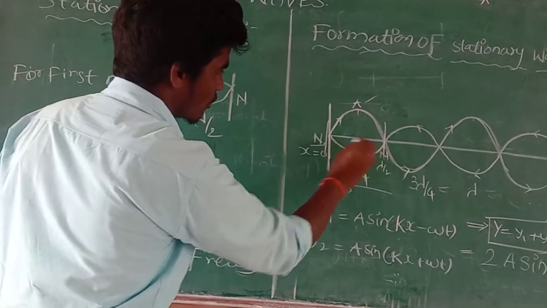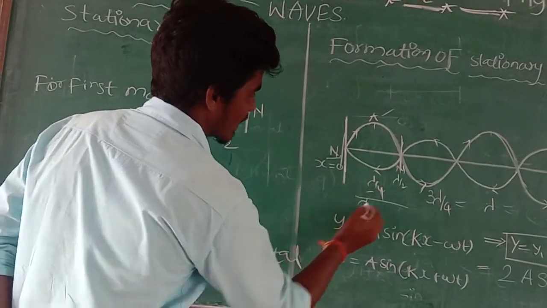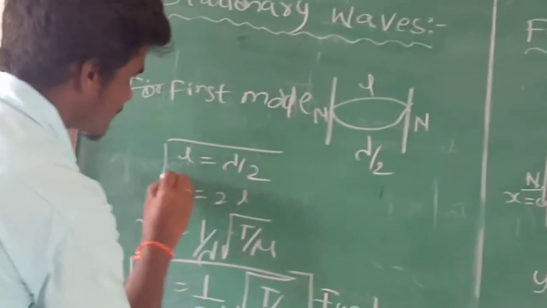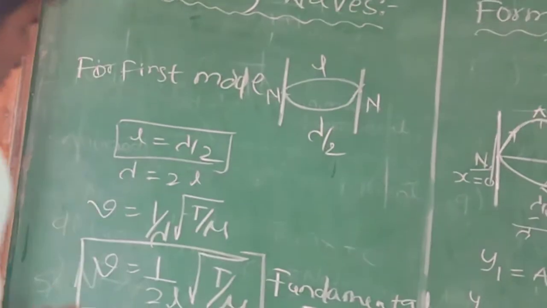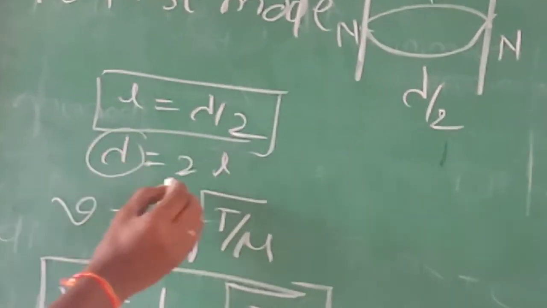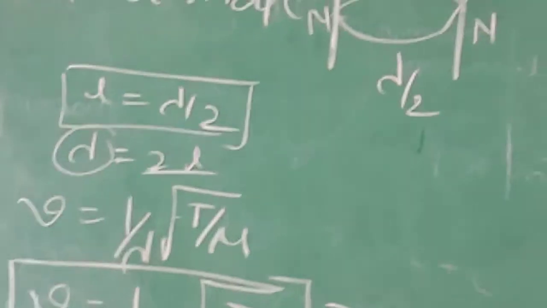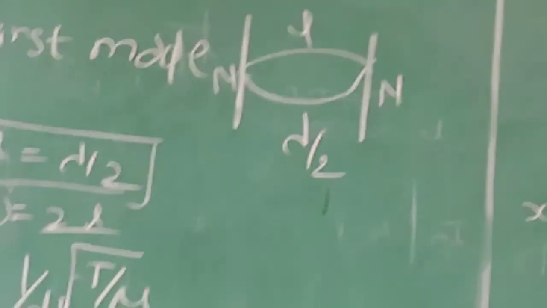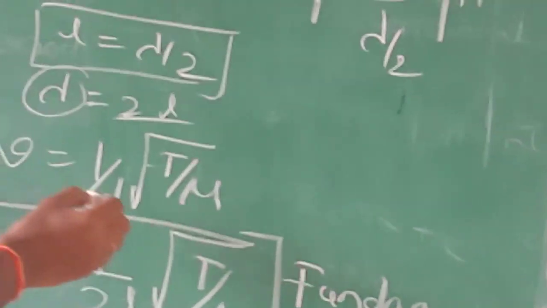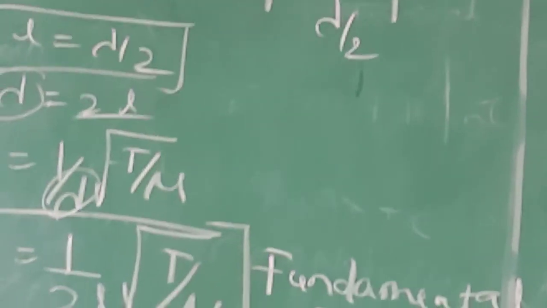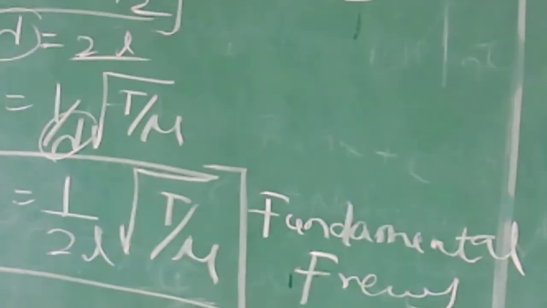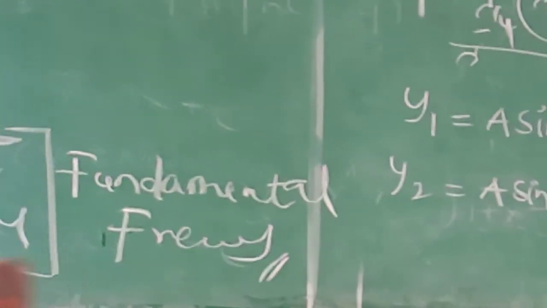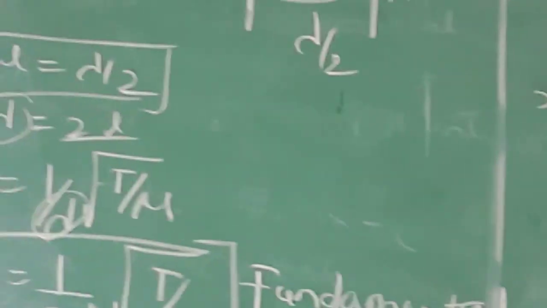Hence lambda equals 2L. From the frequency equation, nu equals 1 by lambda into the square root of T by mu. Substituting lambda, nu equals 1 by 2L into the square root of T by mu, which represents the fundamental frequency.